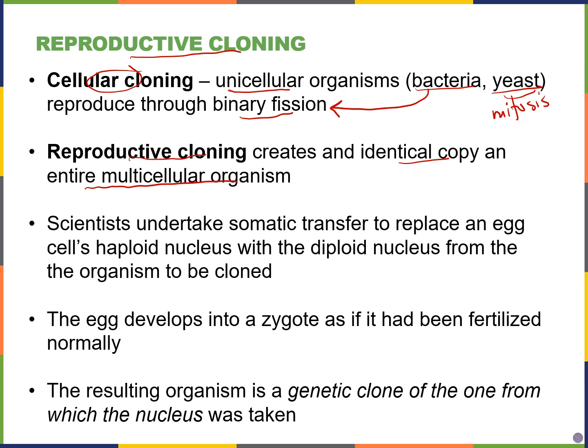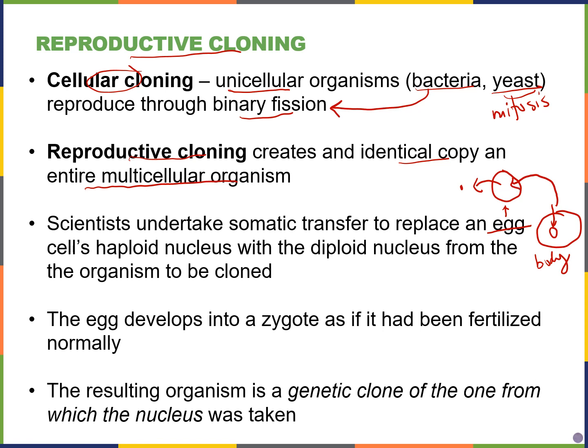In this process, what we do is we take an egg cell and we remove the nucleus from the egg. So if this is the egg, you take out the nucleus, and then you take a body cell, some kind of somatic cell, and you take the nucleus of the body cell and put it into the egg.